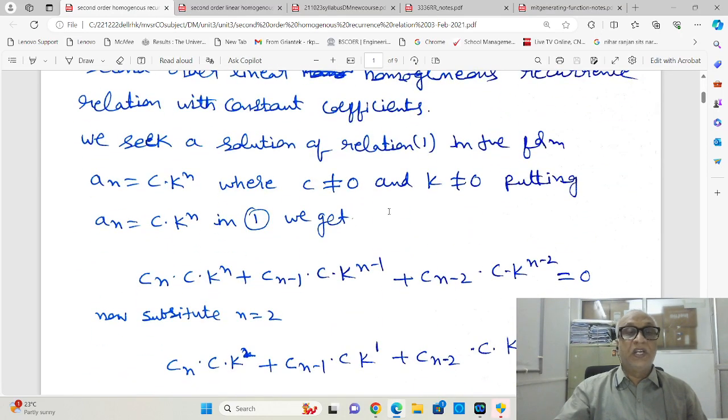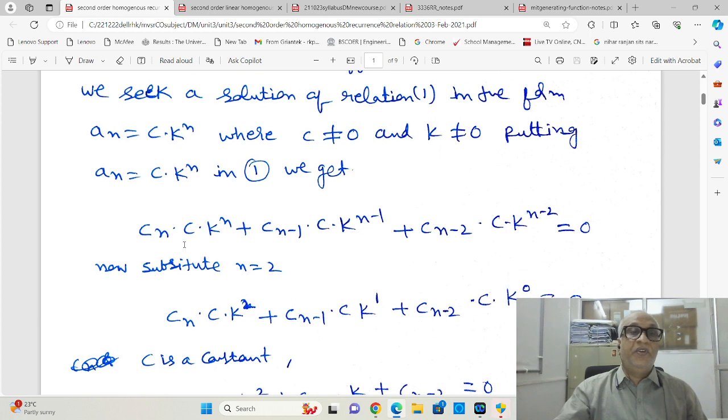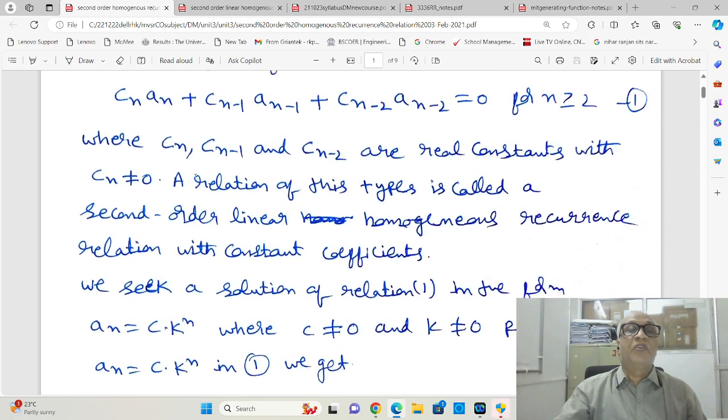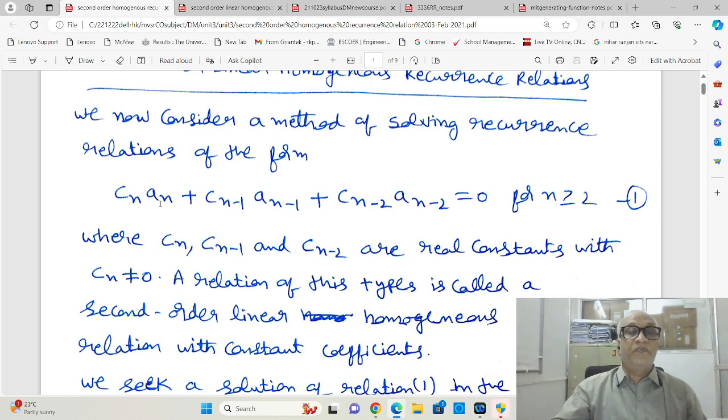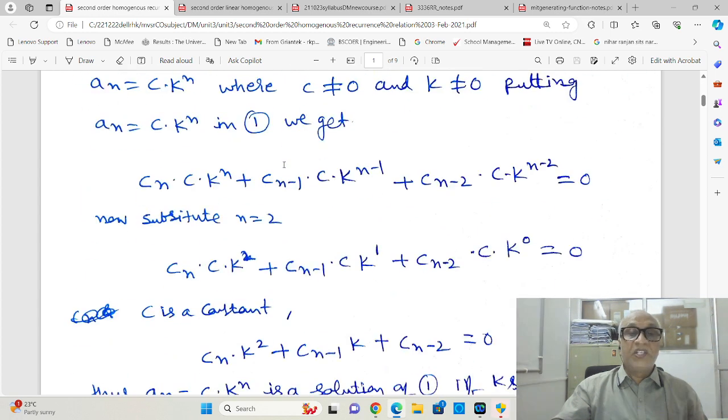Once we substitute that, we will be getting this. So basically an will be substituted with c k^n. So this will become Cn c k^n plus Cn minus 1 c k^(n minus 1) plus Cn minus 2 c k^(n minus 2) equal to 0.